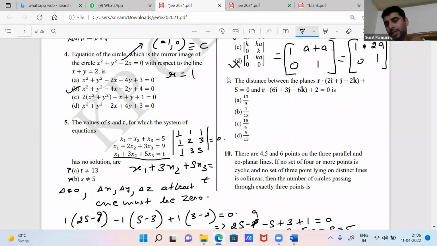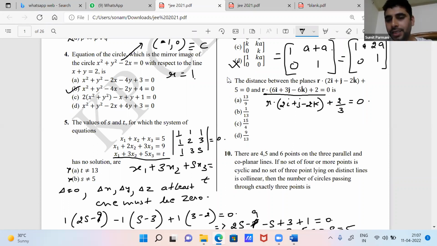Okay, 9th. The distance between these two lines. Okay, see here. If I take 3 common from this, this will be r dot (2i + j − 2k) + 2/3 = 0.